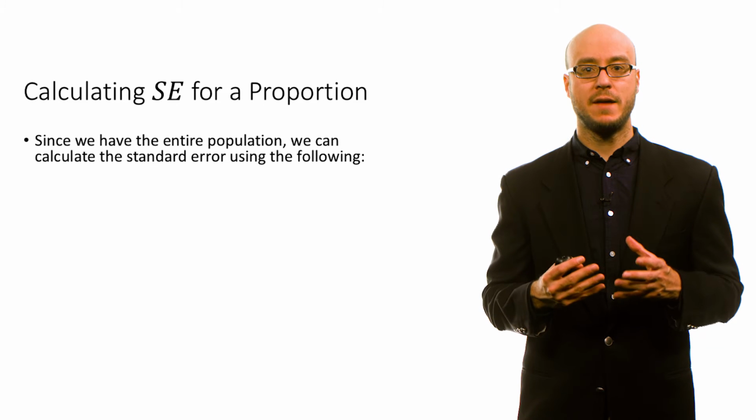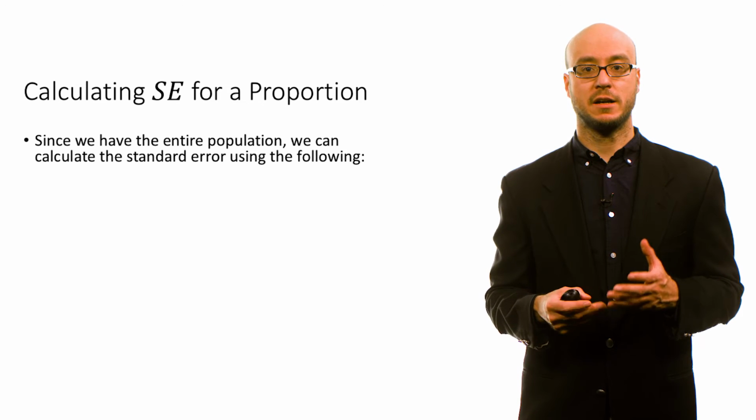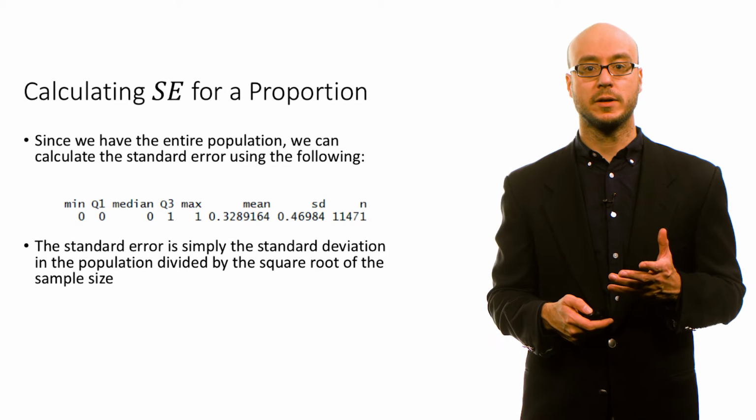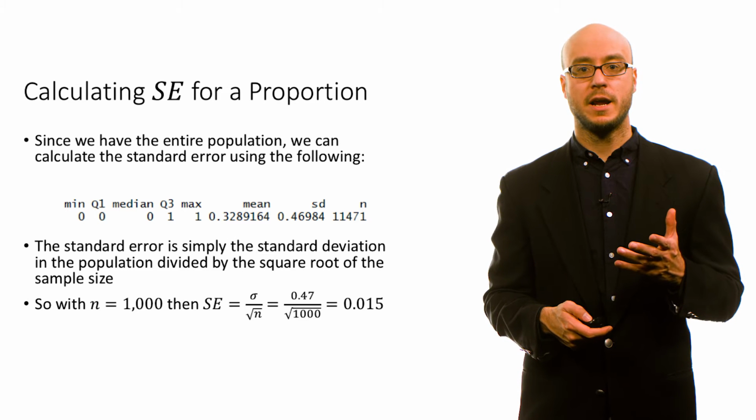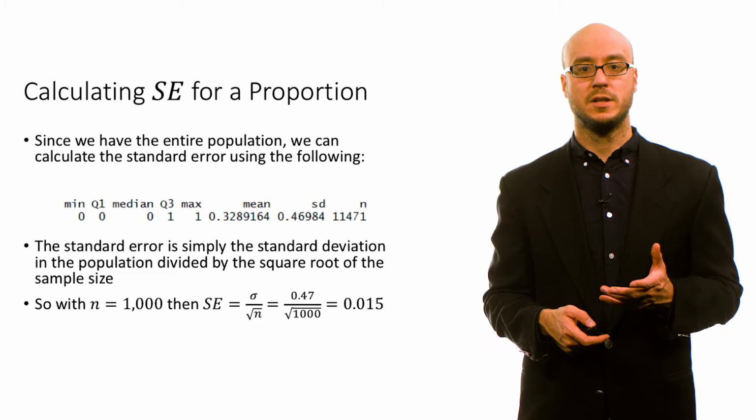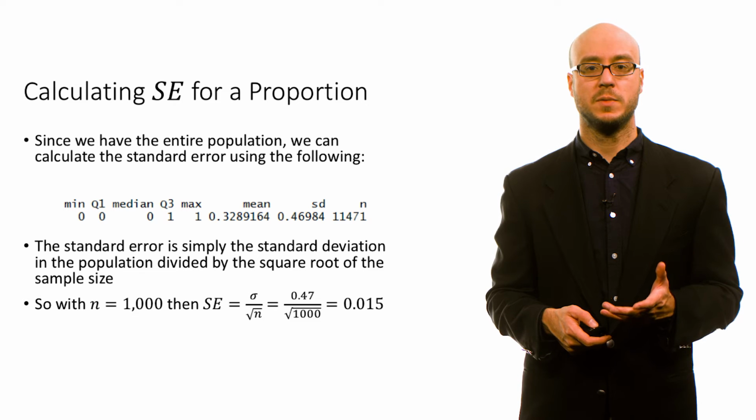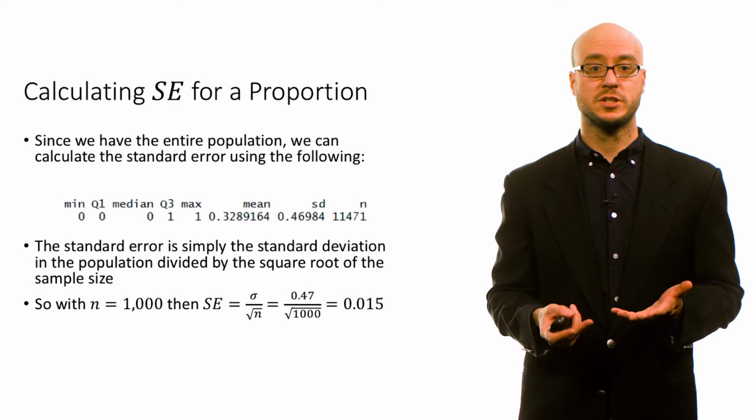You might ask, though, what is the standard error? What is the standard deviation for this sampling distribution of the sample proportion? Well, since we have the entire population, we can actually calculate the standard error. The standard error is simply the standard deviation in the population divided by the square root of the sample size, just like before.